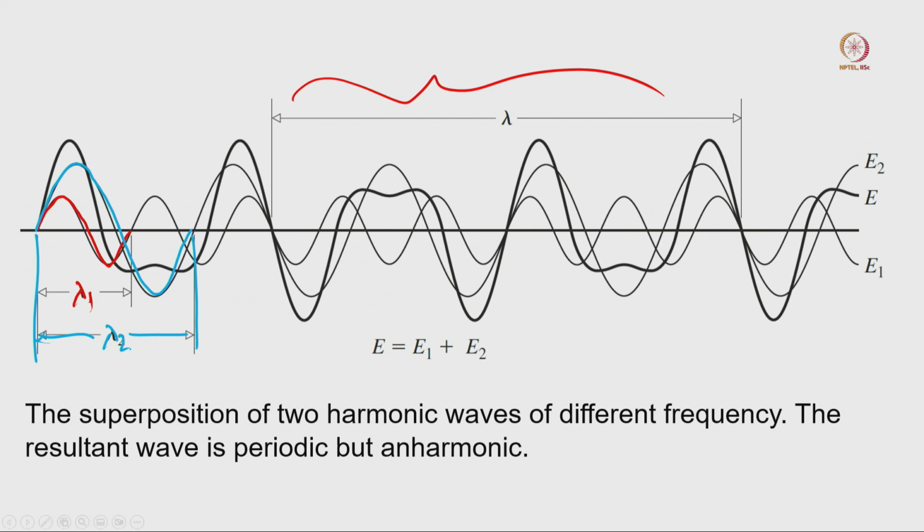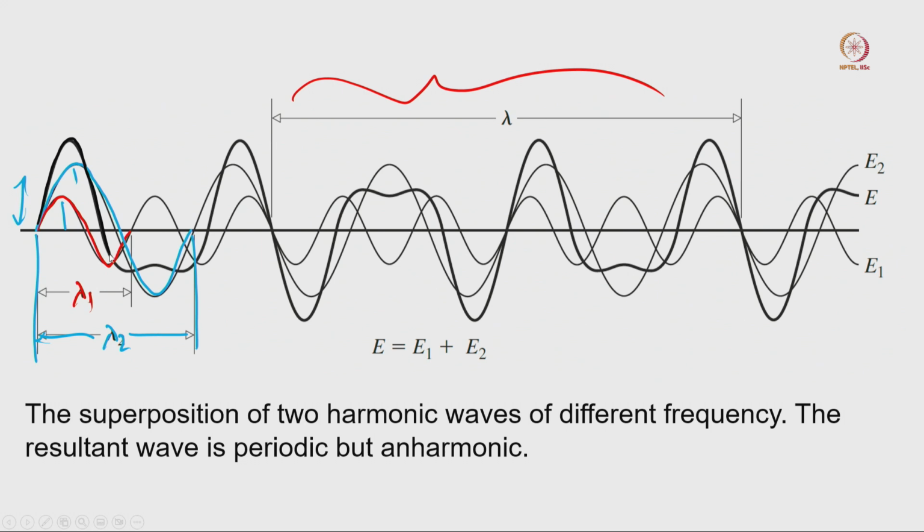So you can see there is not only an amplitude difference between the red wave and the blue wave, there is also a phase difference, and the wavelength is also different. Now if we combine them together, we will get this kind of resultant wave, this black wave. This is our resultant wave.